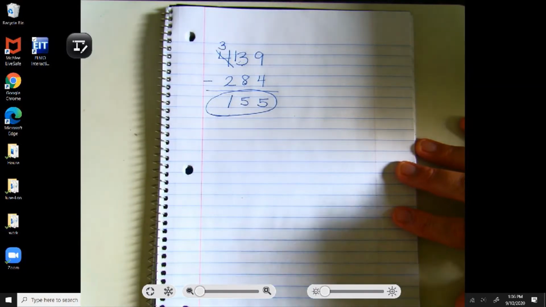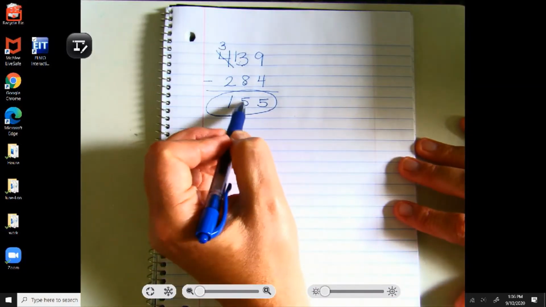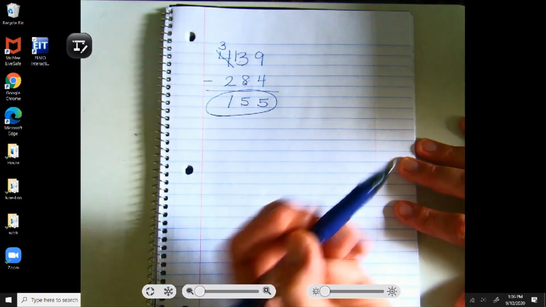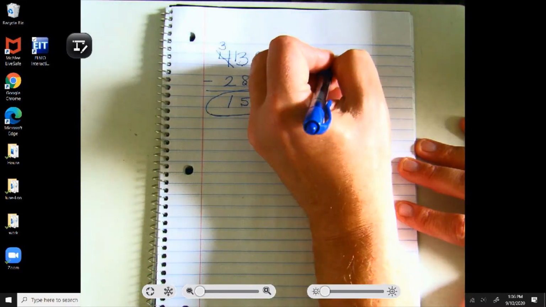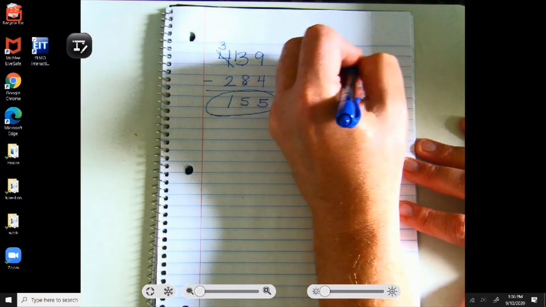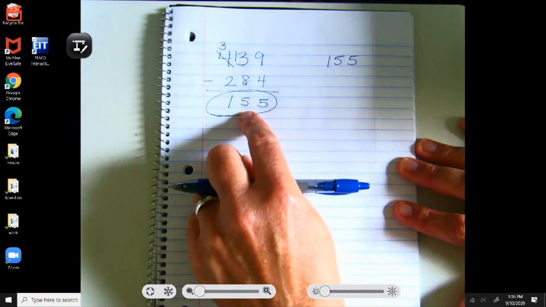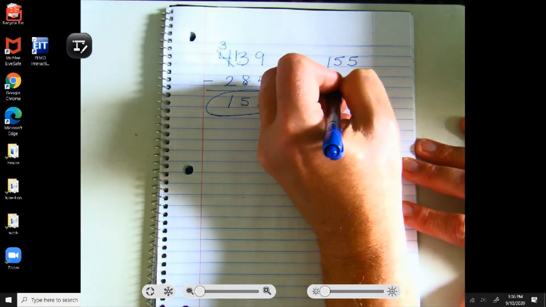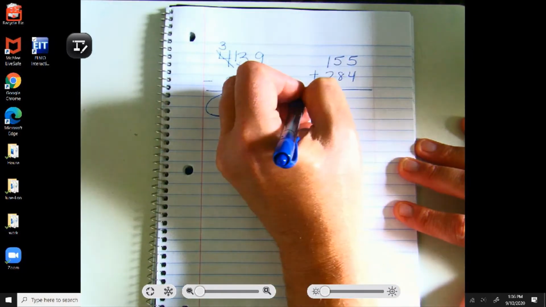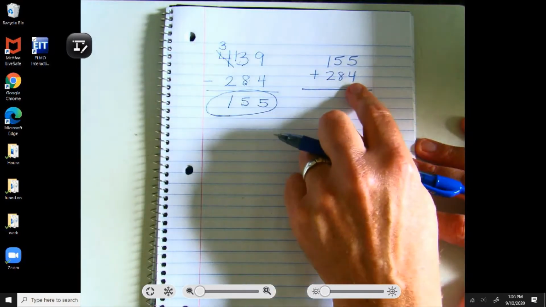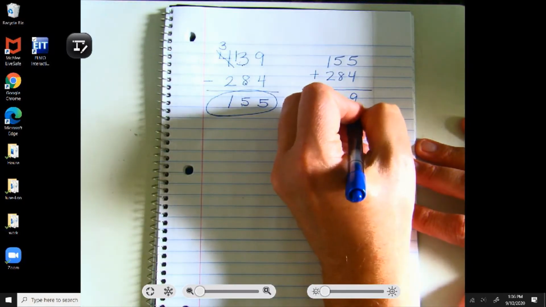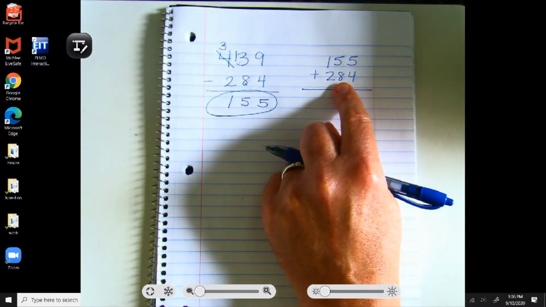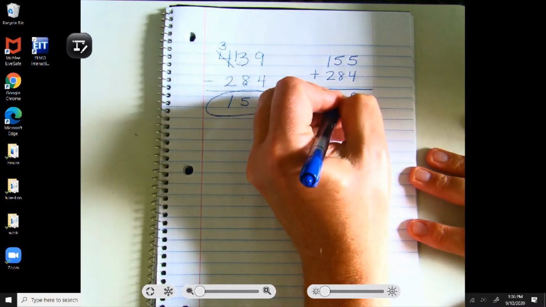Now, scholars, I could even check that, right? I should be able to put these two parts together and equal the whole. Part plus part equals whole. I'm going to quickly check to see if what I did makes sense and works. 155 plus 284, 5 plus 4, 9, 5 plus 8. 5 plus 8 is 13.